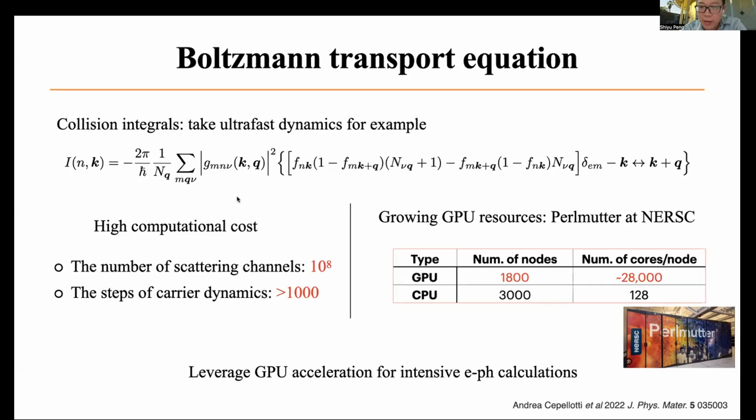On the other hand, nowadays more and more supercomputer centers are equipped with advanced GPU chips. Taking the Perlmutter cluster at NERSC, for example, more than 1/3 of the nodes are GPU nodes. So we think the time is ripe to leverage GPUs for intensive electron-phonon calculations.